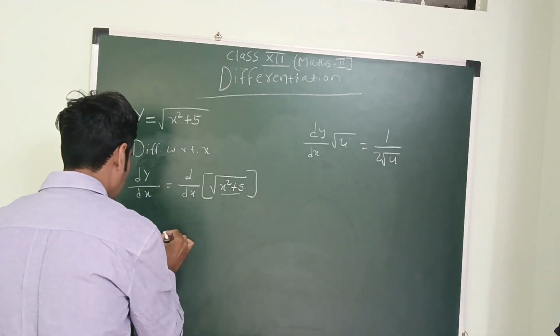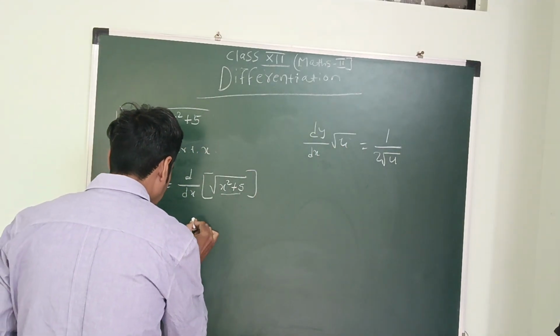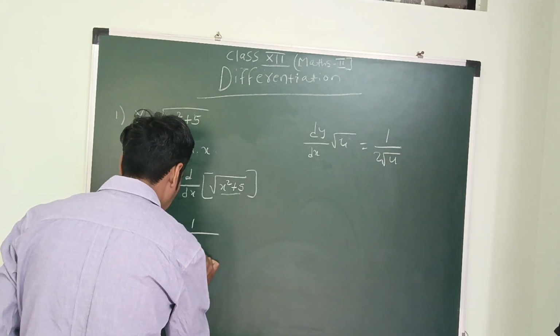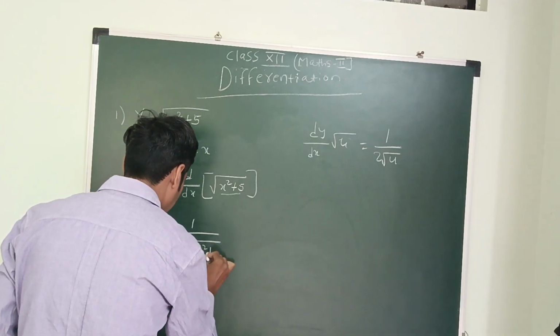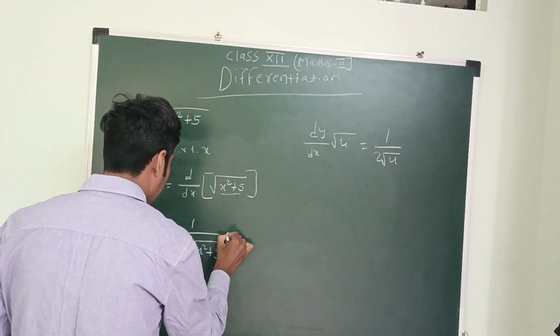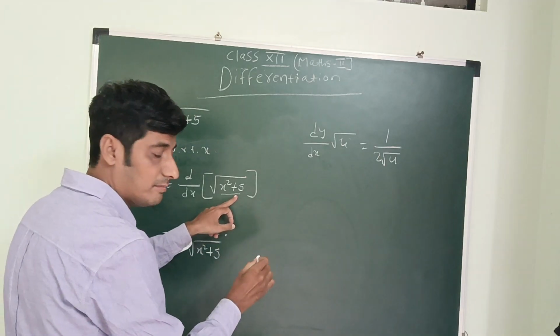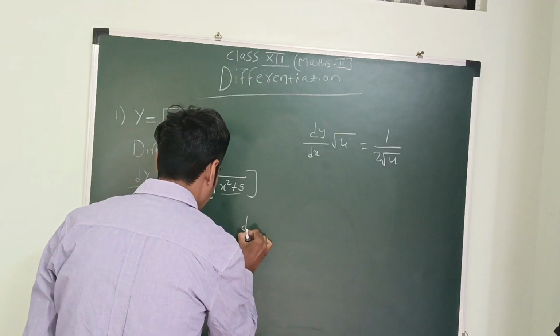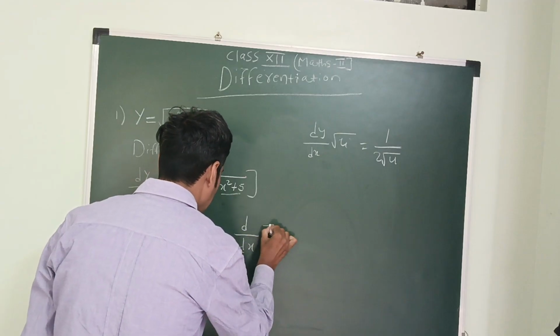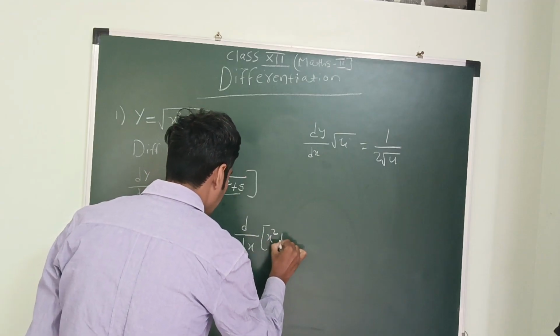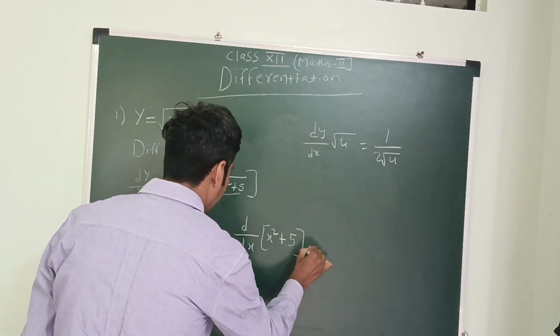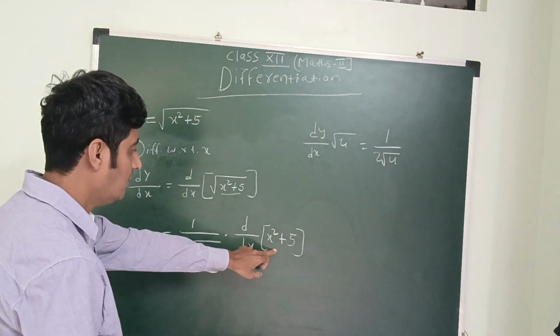Now the equation will become 1 upon 2 root x square plus 5 multiplied by the differentiation of the inner term. What will be the inner term? d by dx of x square plus 5.